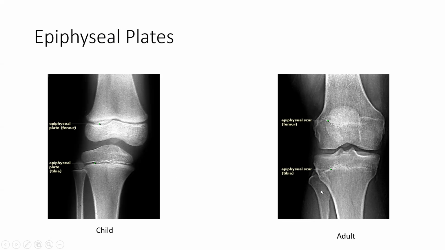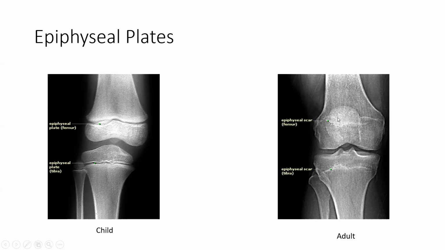This is what it looks like after we're 23 years old. Somewhere in the early 20s, I was picking on 23. That's a reasonably good range there. Somewhere after 23 years of age, the growth plate closes up. We stop having longitudinal growth, or lengthwise growth, and we have a scar.